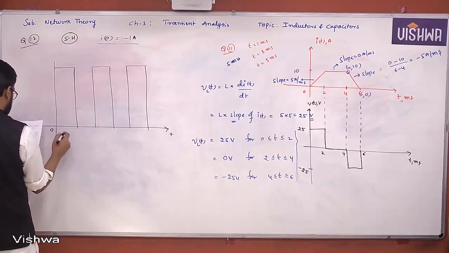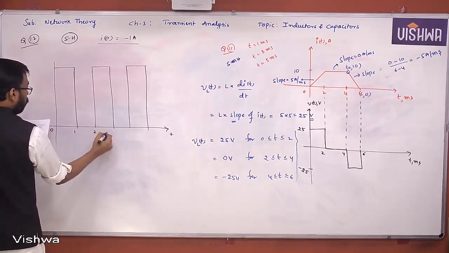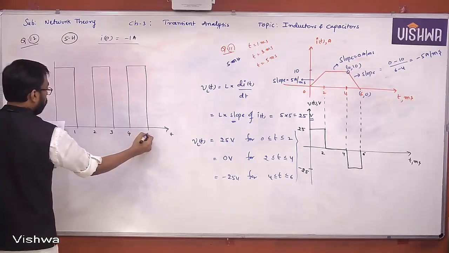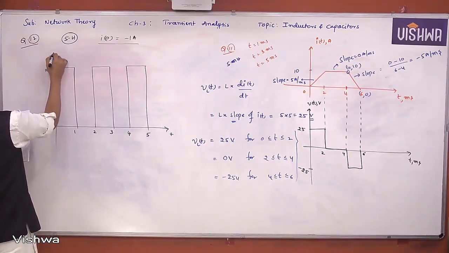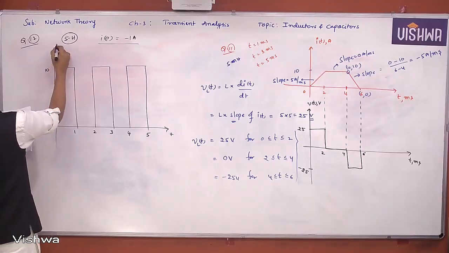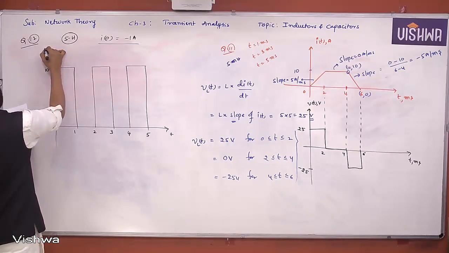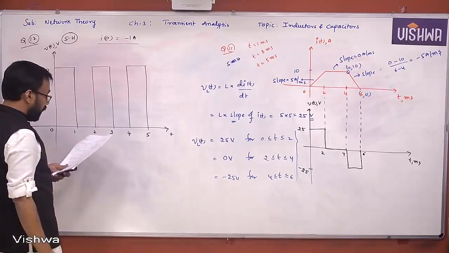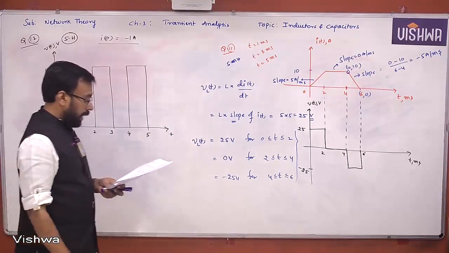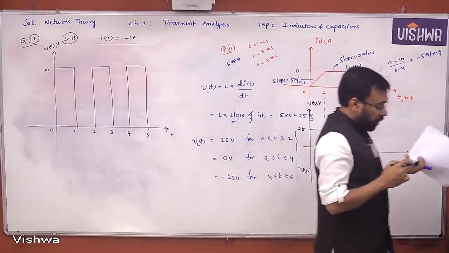This is 0, 1, 2, 3, 4, 5. This is 10. This is what is actually given, the voltage across the inductor, and it asks you to find the current through the inductor. It's a very important problem.